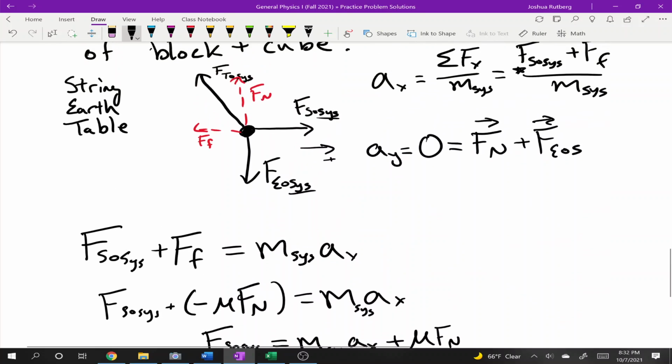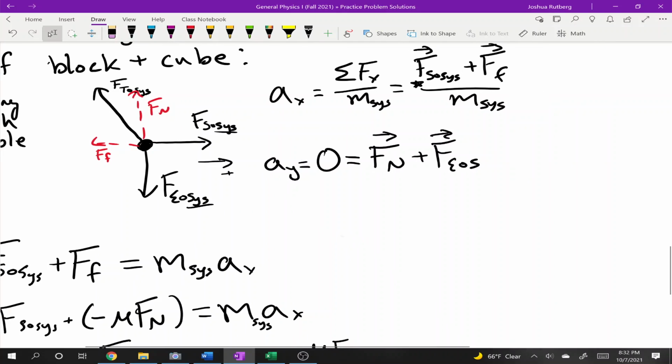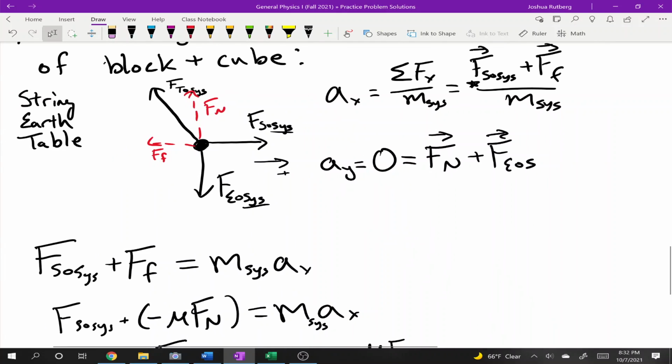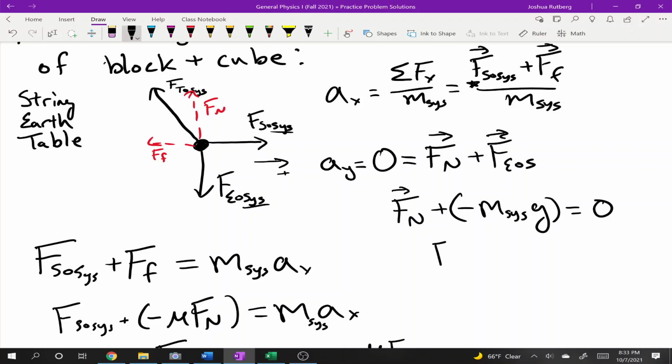And here I have to do the same thing I did before. I have to use what I found in the y direction. I've already made my life a little bit easier here. So Fn plus negative, because it goes downwards, the mass of the system times g is equal to 0.